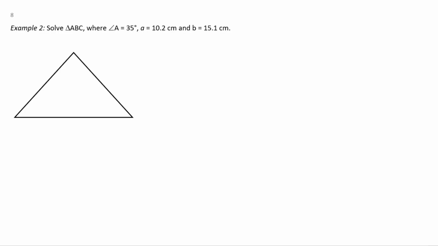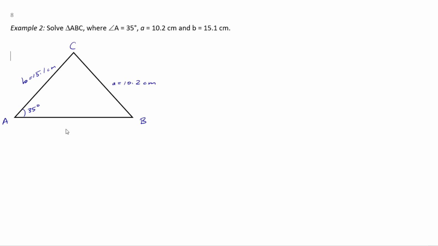This question asks us to solve for triangle ABC, where angle A is 35 degrees. The side opposite to angle A is 10.2 centimeters. And the other side in the question is given as 15.1 centimeters right here.